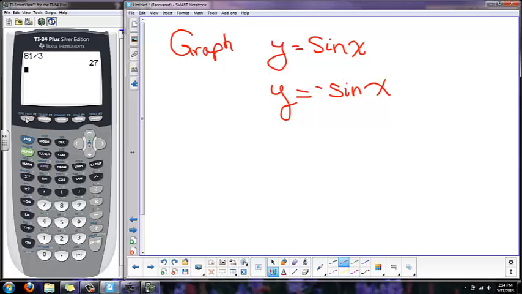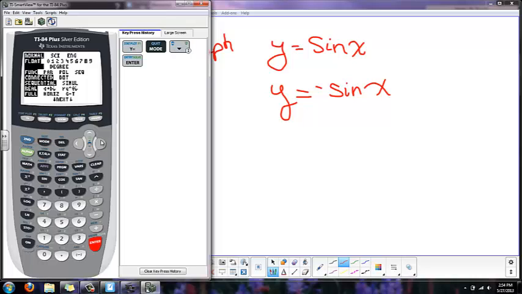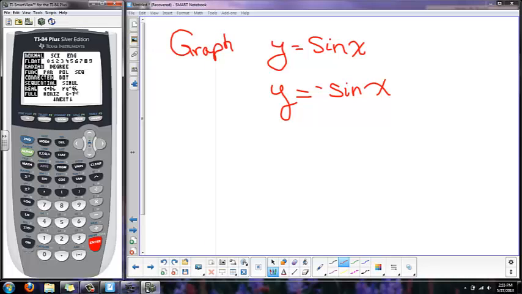Okay, so let's go to y equals. Make sure I'm in radians first, and I'm not. Make sure I'm in radians, and I'm going to go to y equals. I'm going to type in sine of x for the first graph, and then negative sine of x for the second. And I think that I do have to go back and change my window.